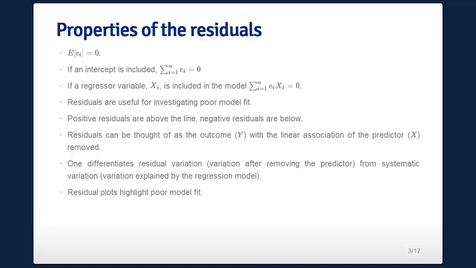One way we can think of residuals is that they're the outcome y with the linear association of the predictor x removed. So you might think of it as y adjusted for x, which is the phrase that's often used. But what it means is adjusted for the linear association with the predictor x. If there's a nonlinear association, we haven't gotten rid of that.